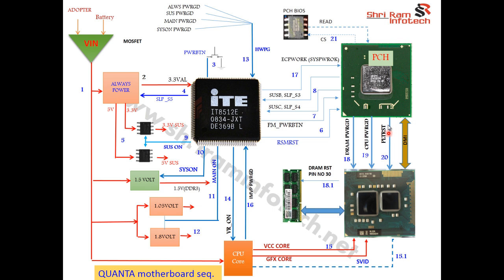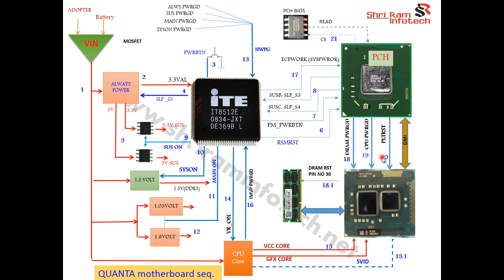3 volt comes out, and this 3 volt you can check on the Wi-Fi card pin number 22, or you can check this PLT reset at the SIO, mentioned over there as PLT reset. This voltage goes to the CPU, reduced, because the CPU requires only 1 volt.